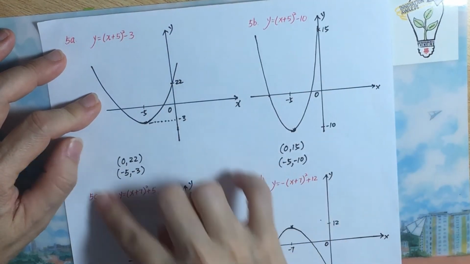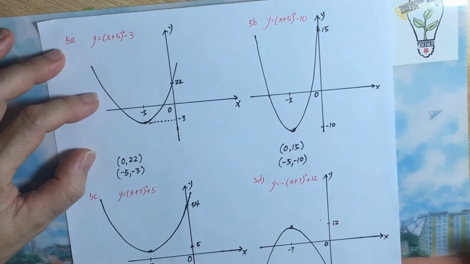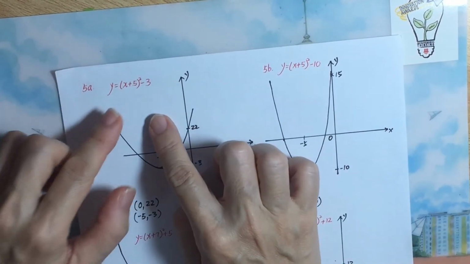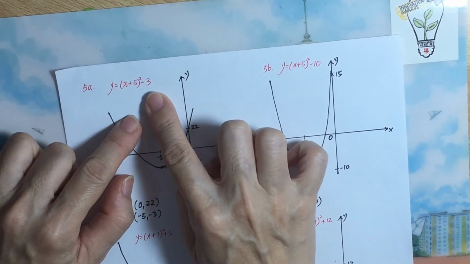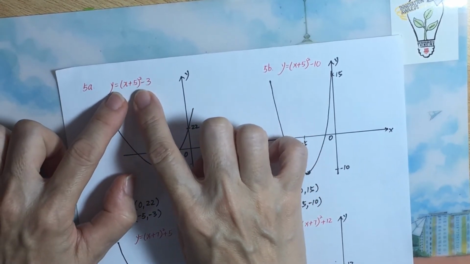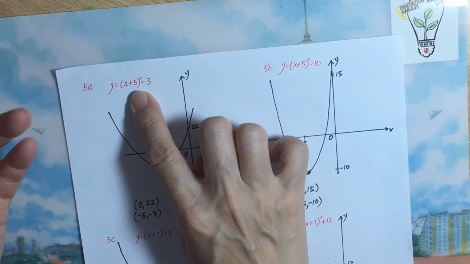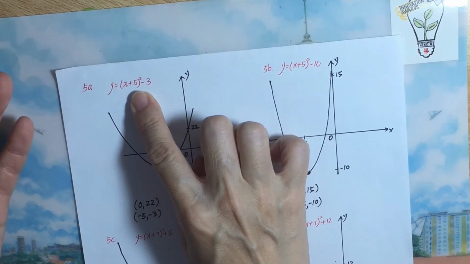If A is positive, then you get the curve concave upward, right? You can also understand it this way. I have a constant which is -3 here, and now I'm adding something to it, and this something is a square, and something square is a number that is definitely 0 or more.